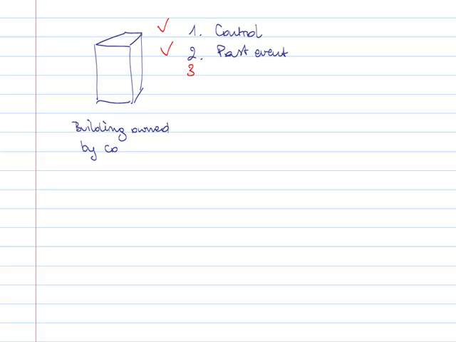And 3, future economic benefits. Do they exist? Are we expecting anything? Oh, definitely so. Why would we buy a building if we do not expect future economic benefits? It's either our office or our manufacturing premises, or we want to sell it and make a profit on it. Yes, we do expect economic benefits. Now, a similar analysis can be done for a car that we have for business purposes.